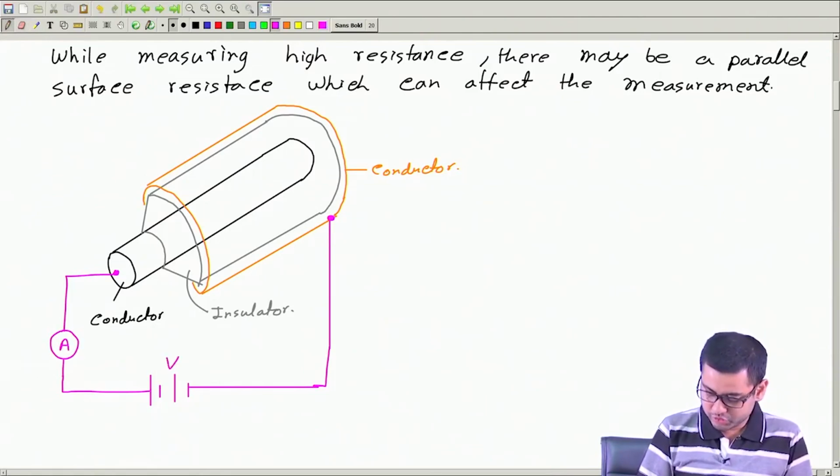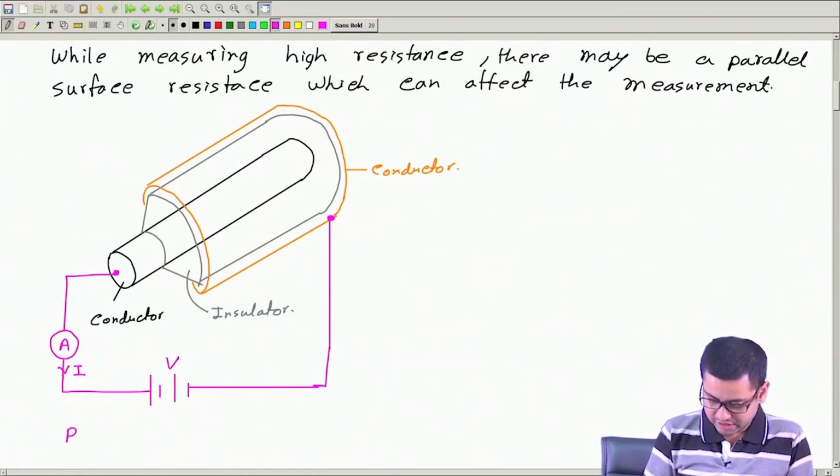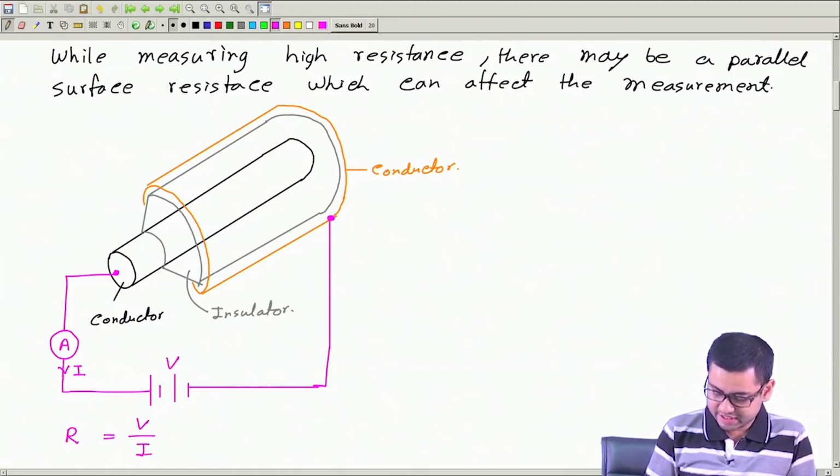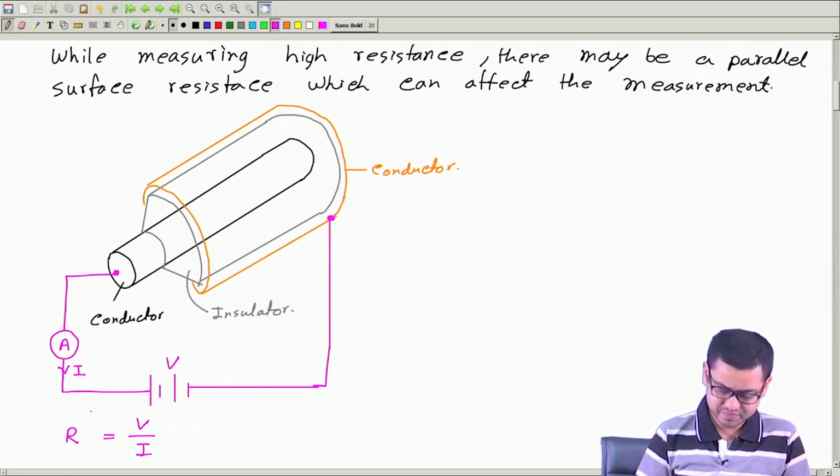So, now if we know this voltage, if we get some reading I, then we may like to find out the R as V by I. So, this is the resistance between this central core and this outer sheath. Okay. But if we do in this way, we will have a small problem. What is that? Let us see.